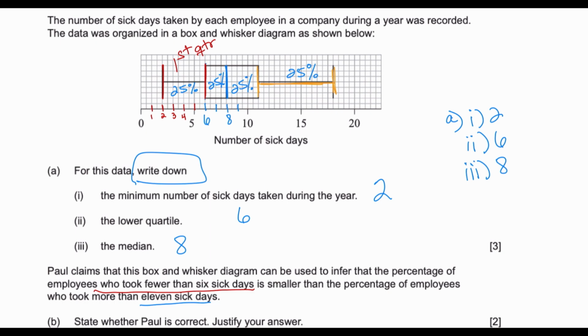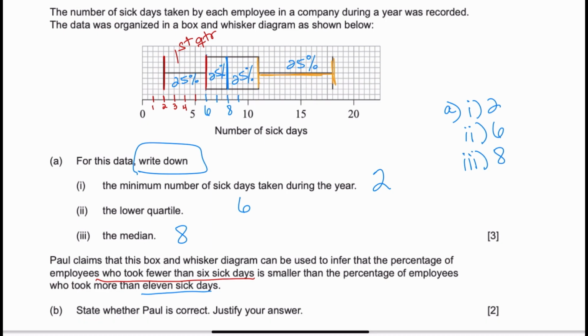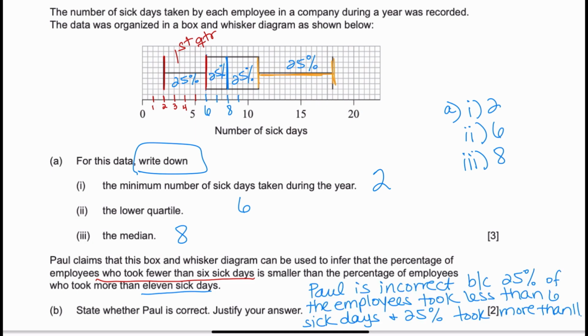So it says Paul claims that the box and whisker diagram can be used to infer that the percentage of employees who took fewer than 6 sick days is smaller than the percentage of employees who took more than 11 sick days, and Paul is wrong. It says state whether Paul is correct and justify your answer. The first thing you have to do is state whether Paul is correct or incorrect. So the easiest thing that you can say here is that basically Paul is incorrect because 25% of the employees, according to this box and whisker diagram, took less than 6 sick days and 25% took more than 11 sick days.